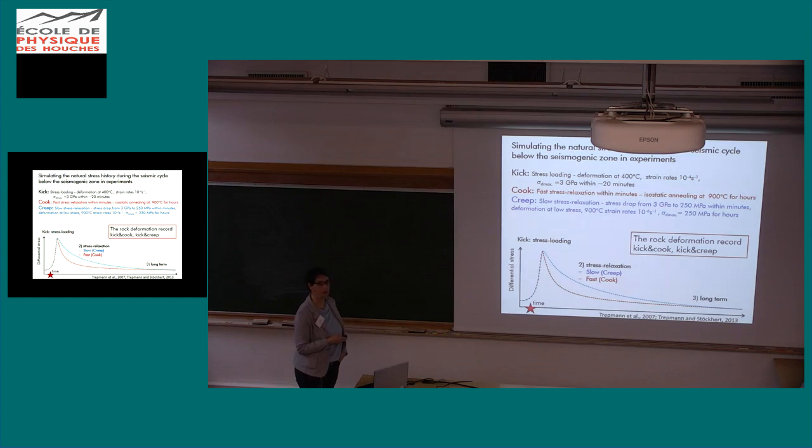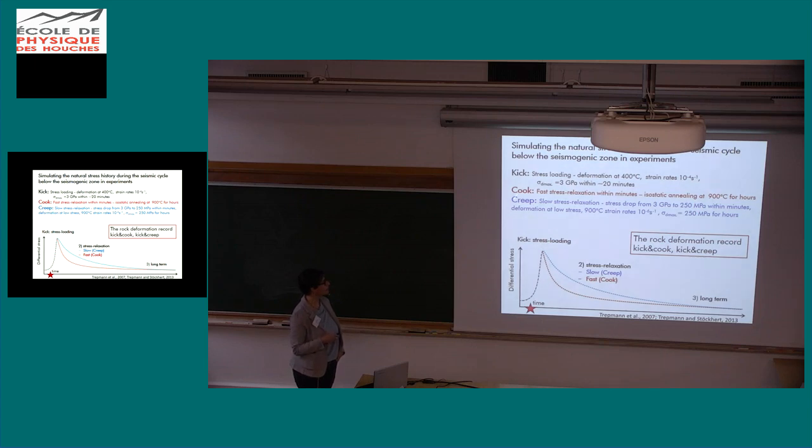Well, you might argue 10 to the minus 4 per second is not that high for experiments. Yes, but for nature it is, and it is probably more or less comparable to natural coseismic deformation rates in that area. So we have high-stress deformation at these moderate temperatures, and that is our kick stage.